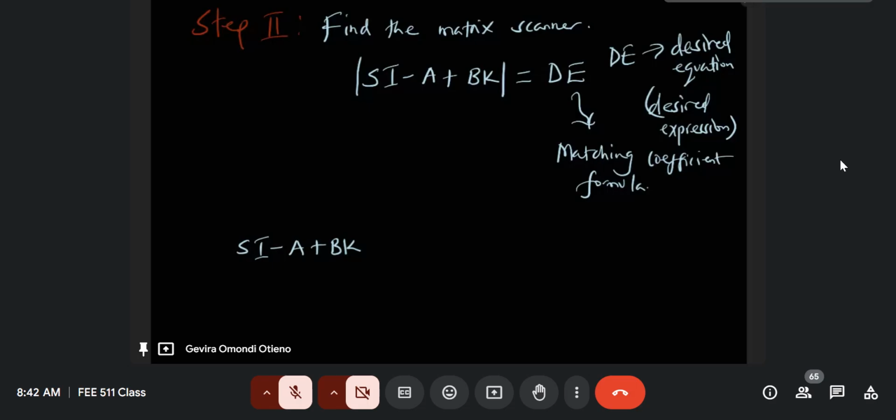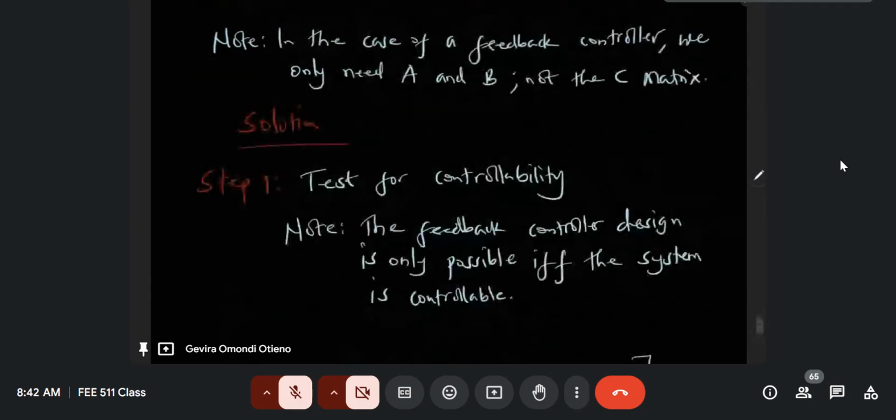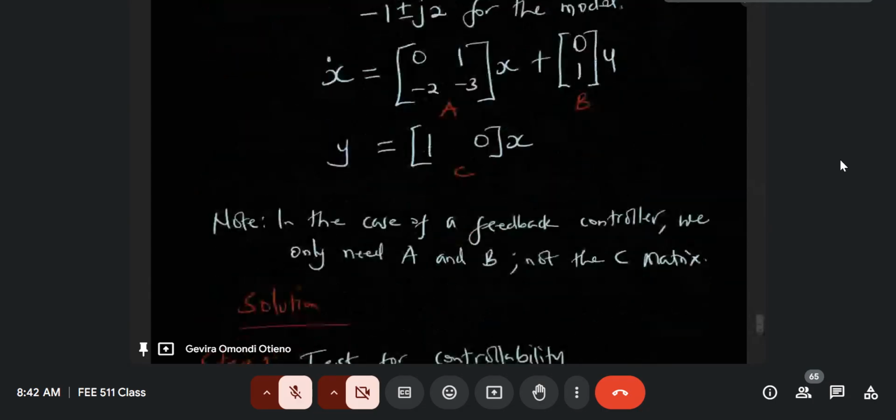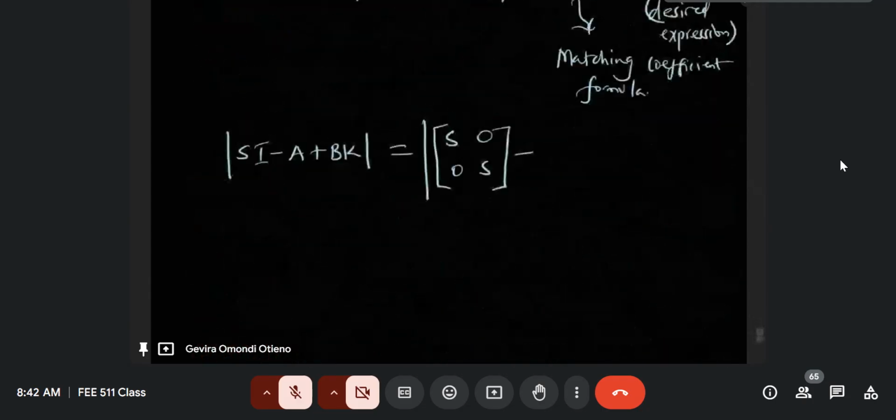Good. So now, let us see if we can obtain this left-hand side. Of course, we have to get the determinant, because for the characteristic equation, you must get the determinant. So let's see what the left side is. This is a 2x2 matrix. So it's [s, 0; 0, s]. I've told you how to obtain that. That is the sI minus A. Our matrix A was [0, 1; -2, -3].